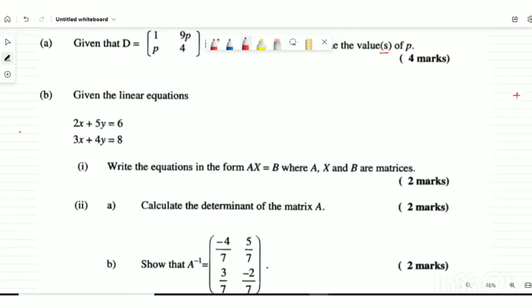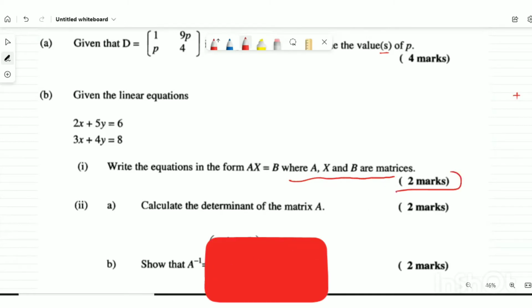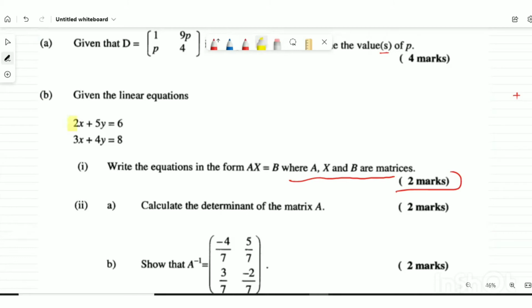Write the equations in the form AX equal B, where A, X, and B are matrices. 2 marks to do that. So we're expected to put these in a matrix format. So the coefficients are what we're going to be picking on early. The coefficients will go in a matrix for itself.